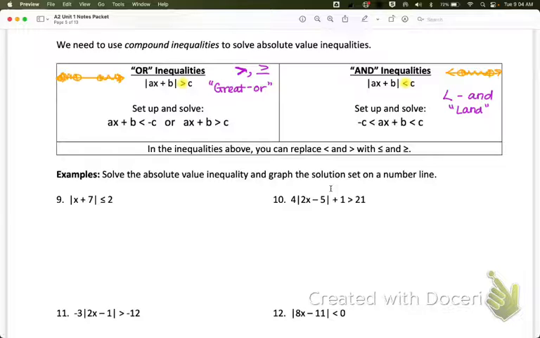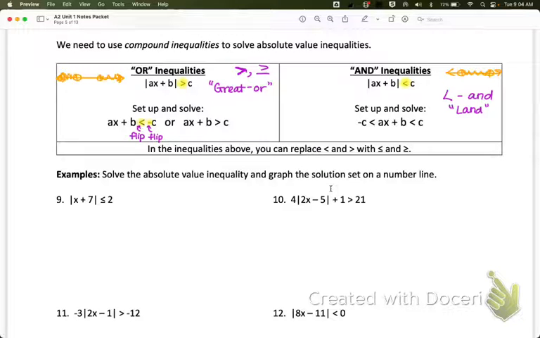Okay? Now, when you set up an OR inequality that has a greater than symbol, you're going to set up two inequalities just the same way that we set up two equations. But I want you to notice two things that are happening. The first inequality has two flips. We flip the inequality symbol, so notice it's going less than now, and we flip the sign.